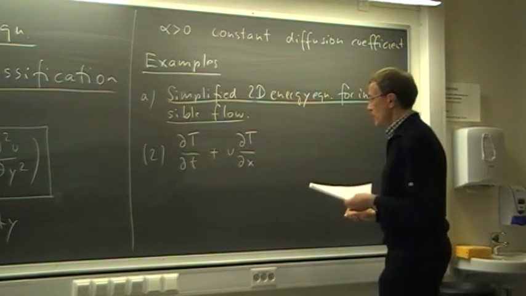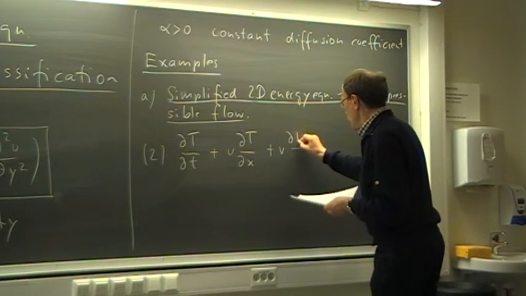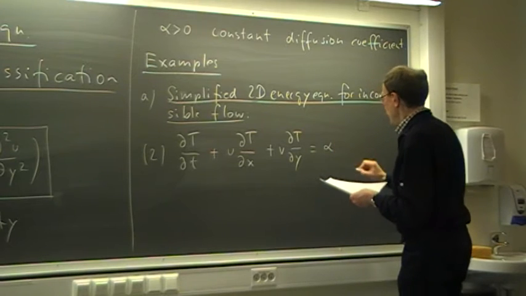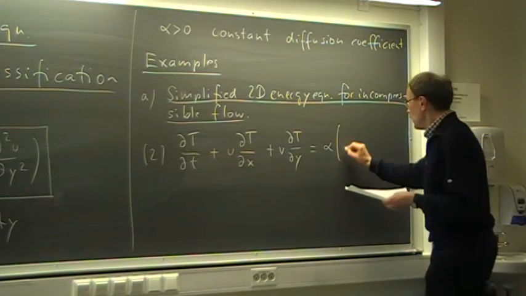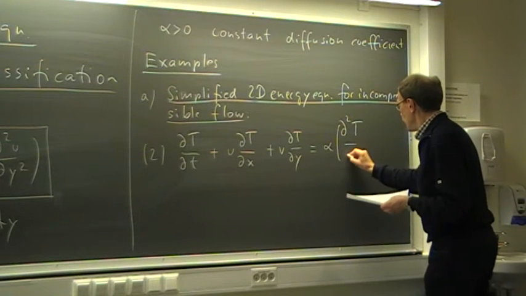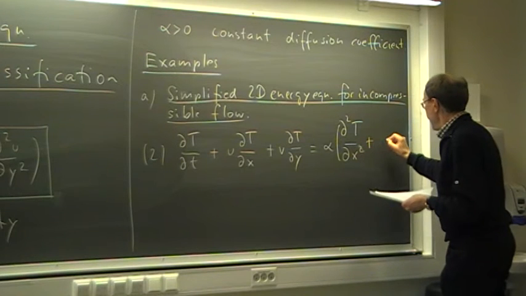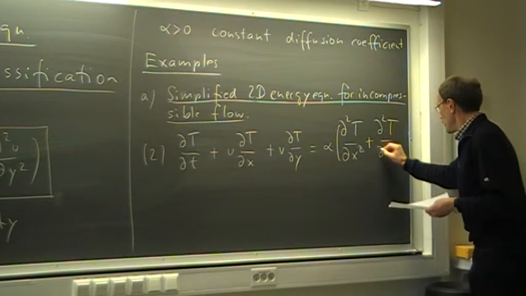So u is the velocity component in x direction, and v the velocity component in y direction. And on the right hand side we have, in that case, the thermal diffusivity times the second derivative of the temperature with respect to x, and the second derivative of temperature with respect to y.